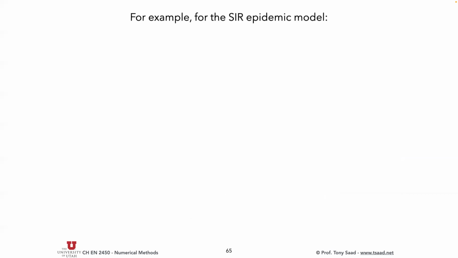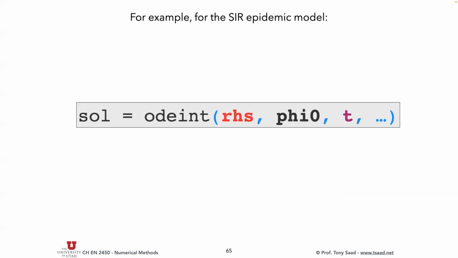Okay. So for example, for the right-hand side of the SIR epidemic model, I'm going to declare a function, call it right-hand side, and I'm going to do right-hand side 0 for dS by dt, right-hand side 1 for dI by dt, and right-hand side 2 for dR by dt.